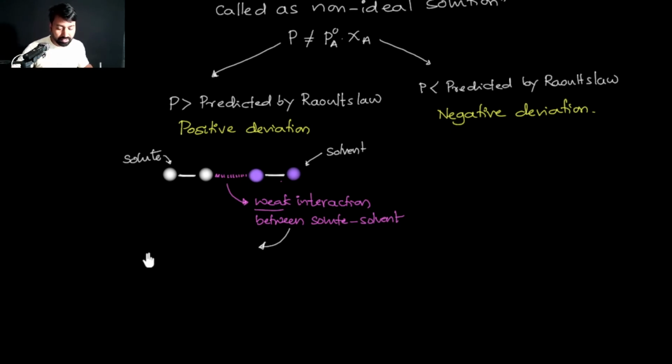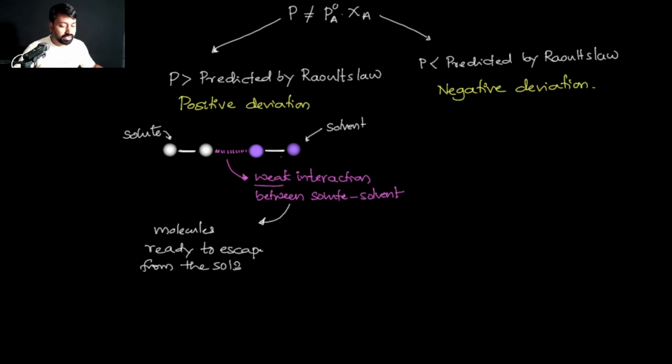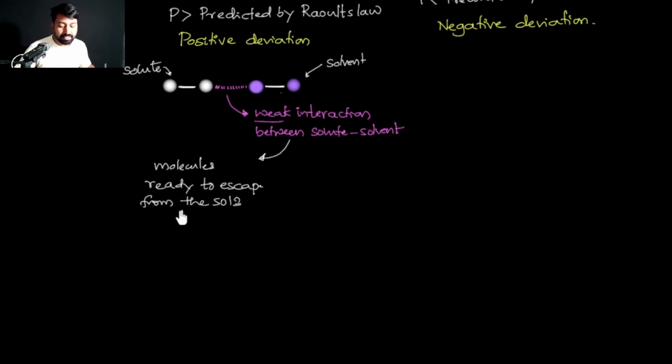So the molecules are ready to escape from the solution. When the molecules are ready to escape, they can produce more vapor, meaning the molecules get converted into the vapor phase.